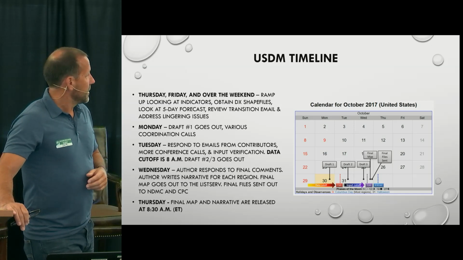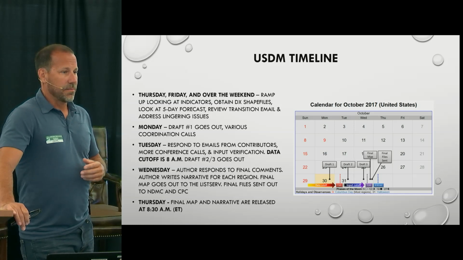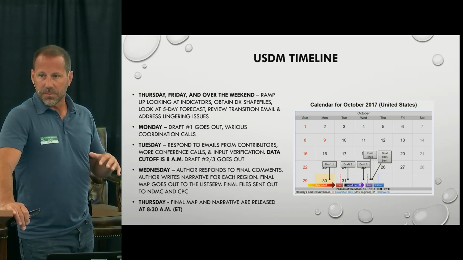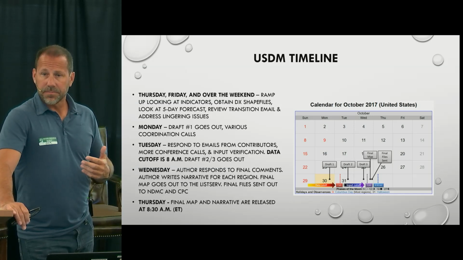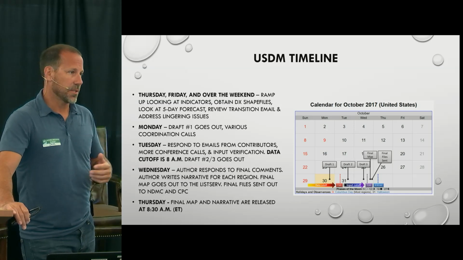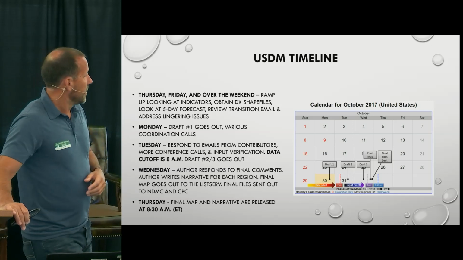And then I'll go through and verify that, as well as other input and recommendations from other states that I'm receiving, and I'm verifying the data. I don't just take a recommendation that's given. Ultimately, it's up to the author to make the decision whether to make changes in the state.